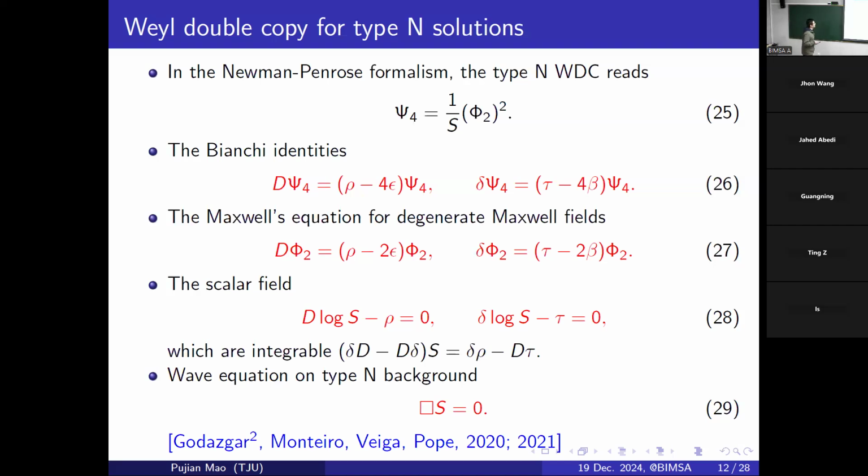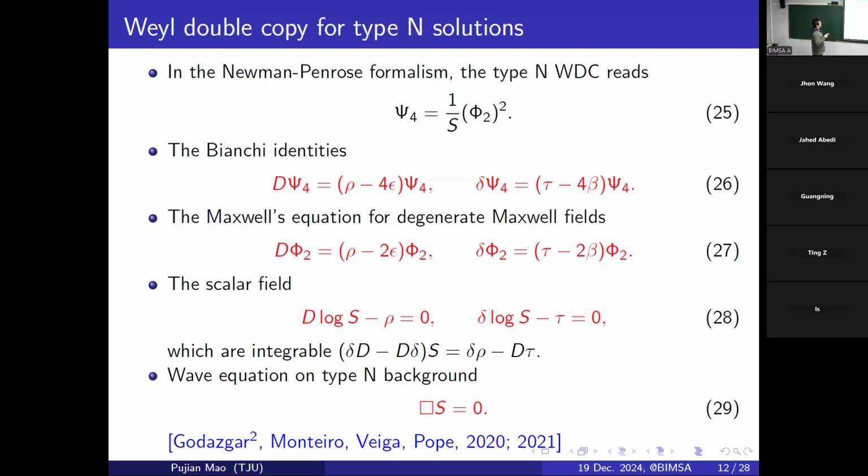And you can also check another case, the type N solutions. For this case, we can verify the Weyl double copy relation at the equation of motion level. Now I directly write the relations in the Newman-Penrose formalism. I suppose you at least know this. The Newman-Penrose language is a null tetrad system with four basis vectors, and you write the 10 independent components of the Weyl tensor by 5 scalar fields.